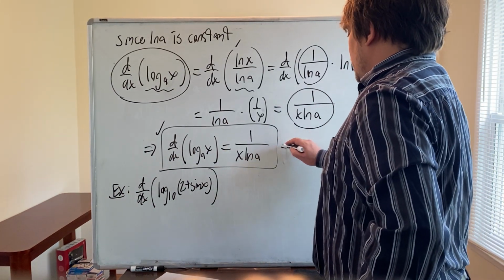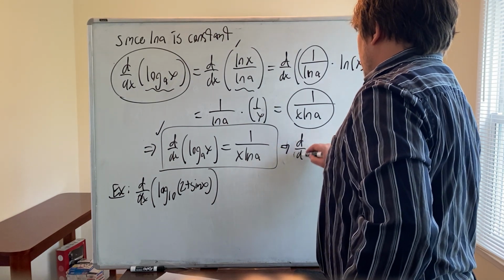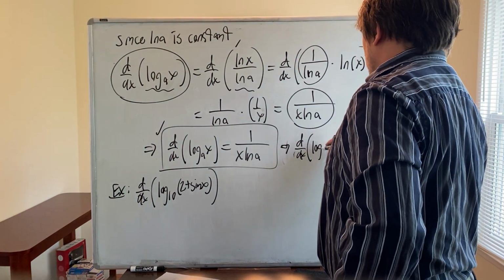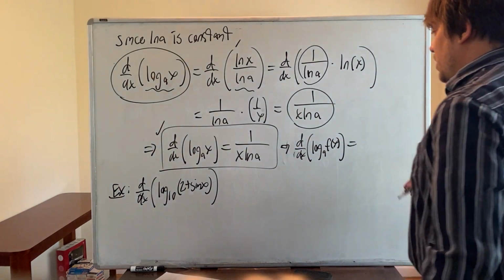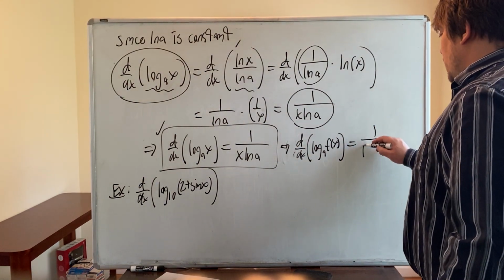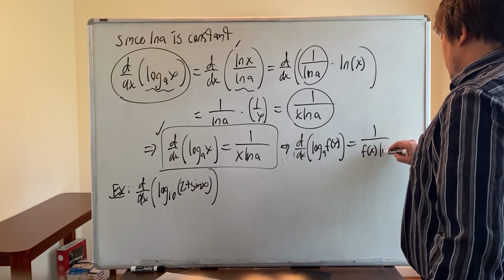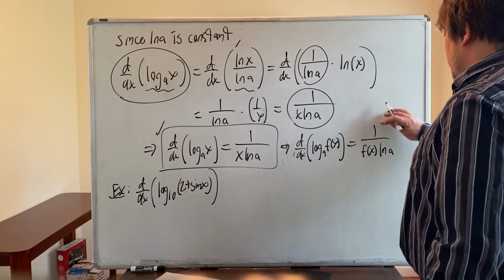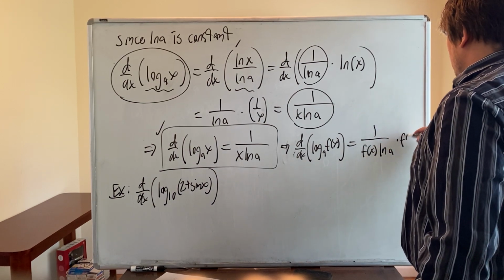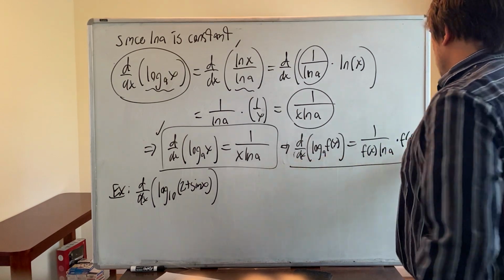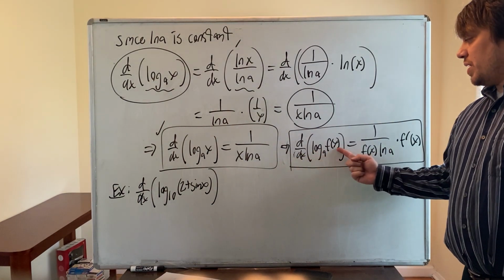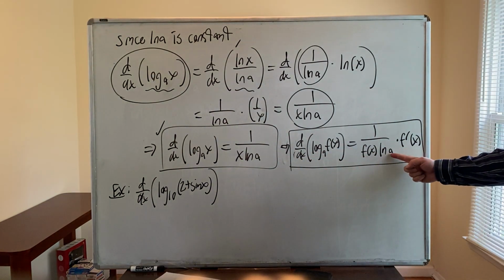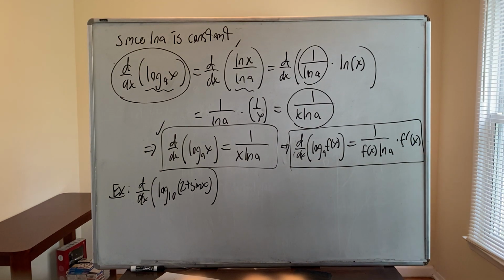Using the chain rule, you can show that d/dx of log base a of a function f of x is equal to 1 over f of x ln of a times f prime of x. Okay, so you also get that formula, that the derivative of log base a of f of x is equal to 1 over f of x ln of a times f prime of x.